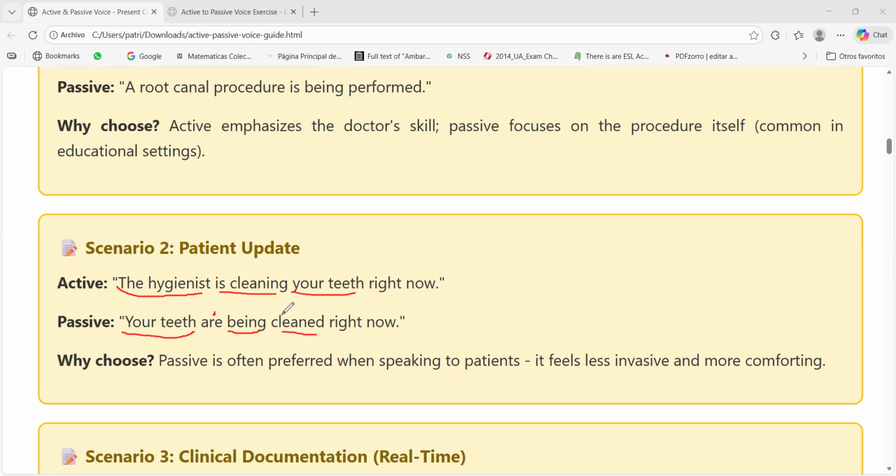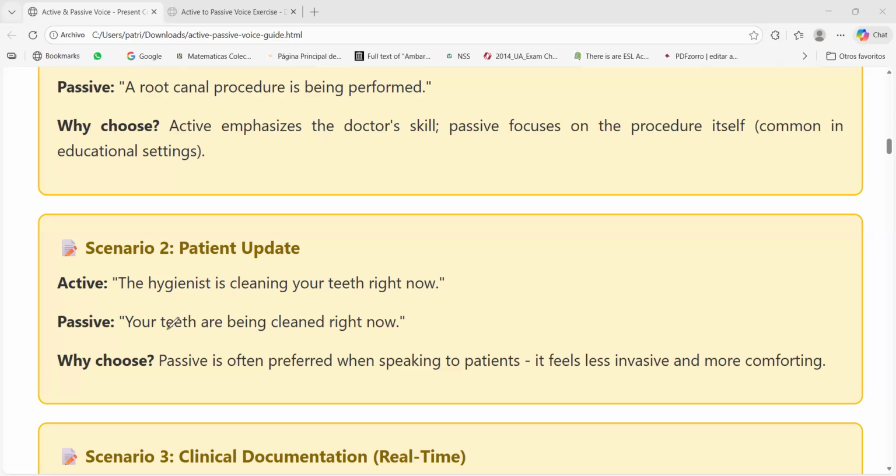No, the hygienist is not the emphasis. So optional, by the hygienist. Optional because your teeth is our emphasis. Okay? So the first and the second is scenario.